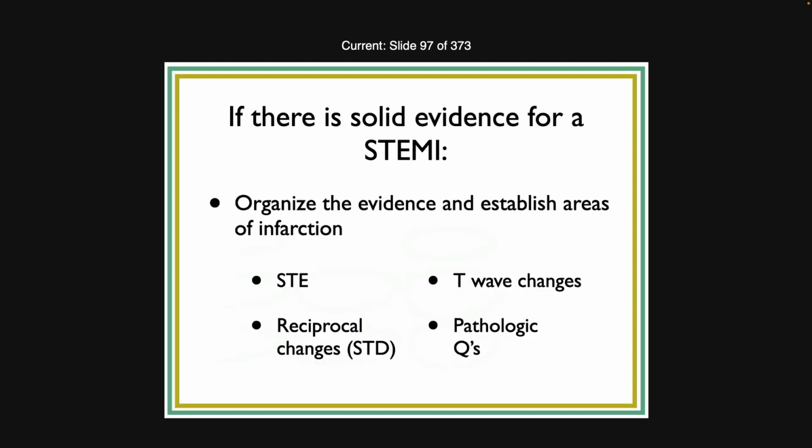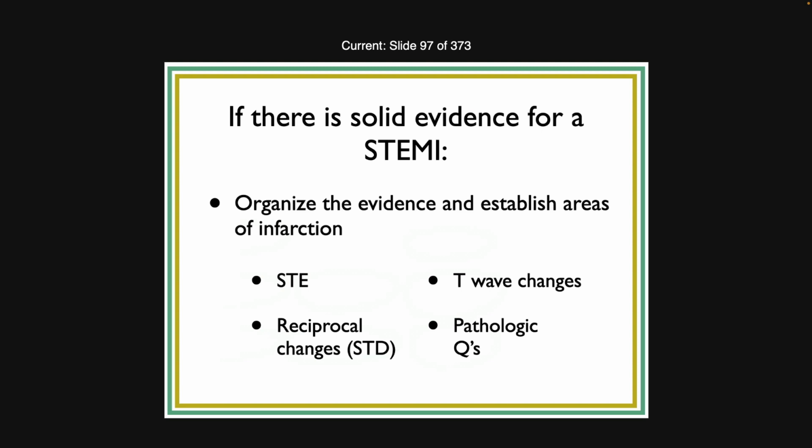I feel very strongly that most useful when you're learning, and even when you're not learning, the best way to do it is kind of how we've been doing it, meaning there's a STEMI in this area. I know that because there's ST elevation in these leads, and then there's also reciprocal changes and hyperacute Ts.